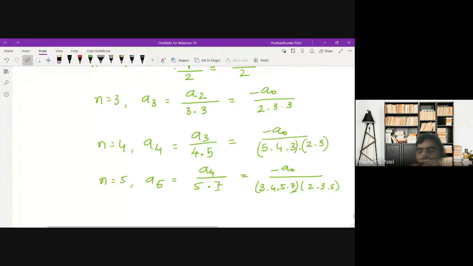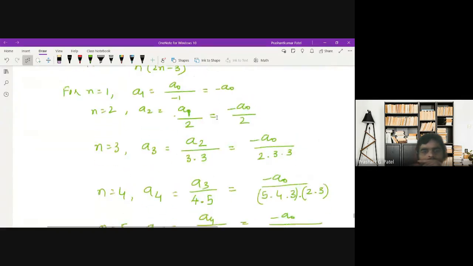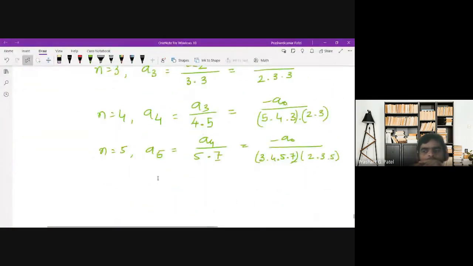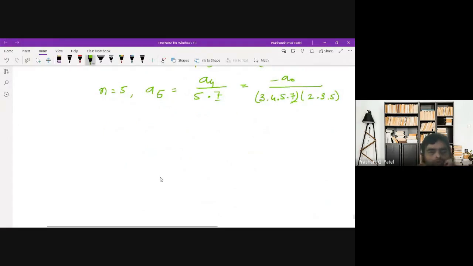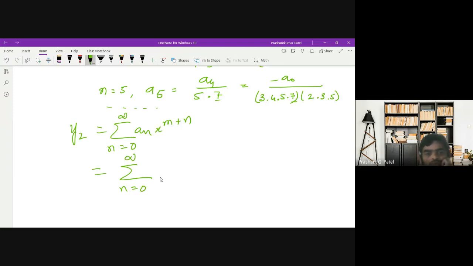So in that manner, you will have the solution. That is a0 you have, a1 you have, an. So the Frobenius series, that is the second solution, y2 is equal to summation 0 to infinity of an x raised to m plus n. But what is m? m is here minus 1 by 2.